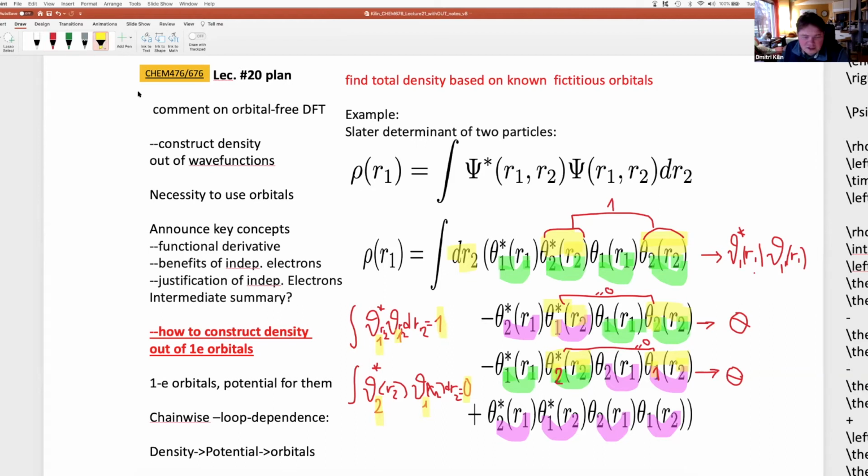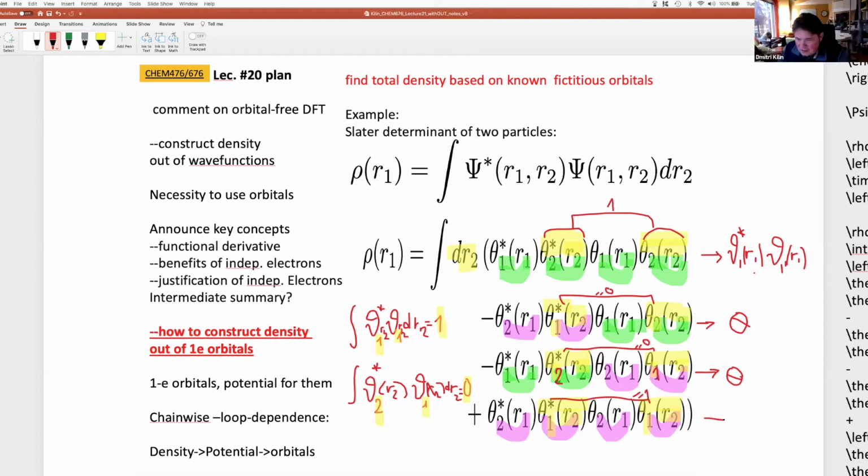And let's do the last line. So we have variable R2 here and there. And we have the product of theta star and theta with index 1. So if we integrate over these 2 terms, the result will be 1.